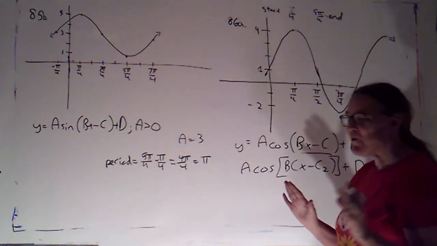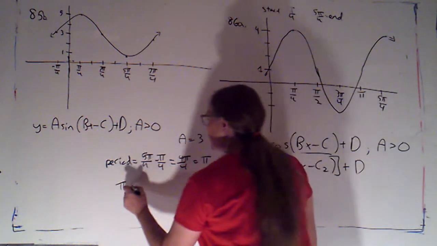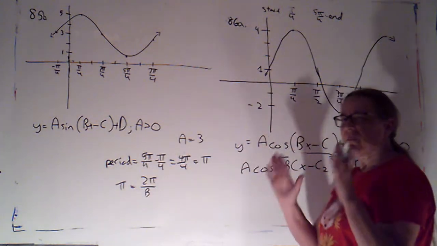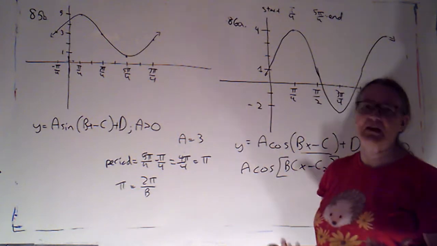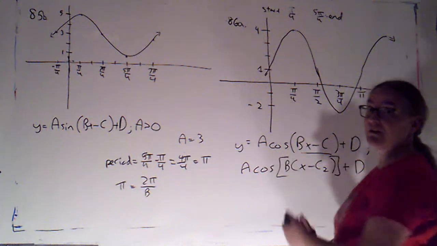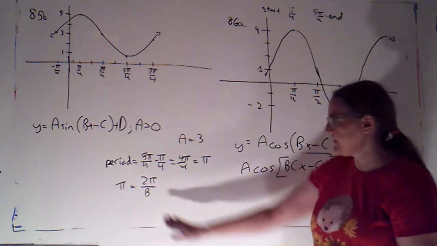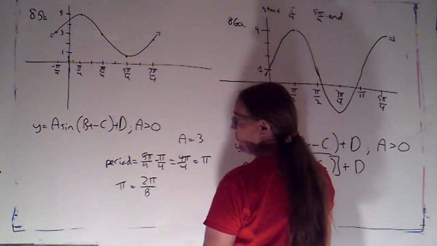But I know that the period, which I just determined is pi, is going to be 2 pi divided by the absolute value of B, but I'm going to keep things simple and choose B to be positive. If I'm coming up with a formula, there are lots of different formulas that would work. The simpler ones are going to have a positive choice of B. So I'm going to suppose that B is positive, and then I'm just going to solve for it.